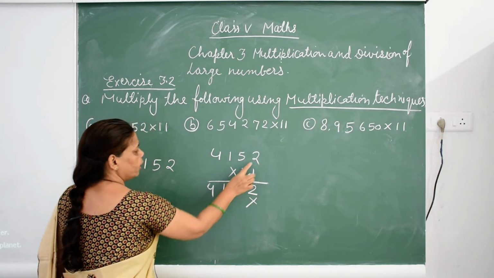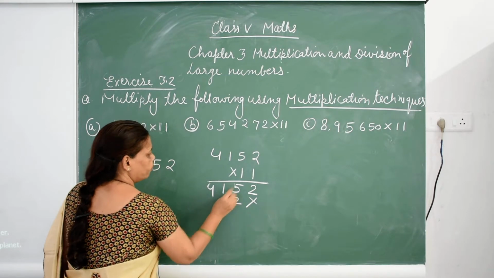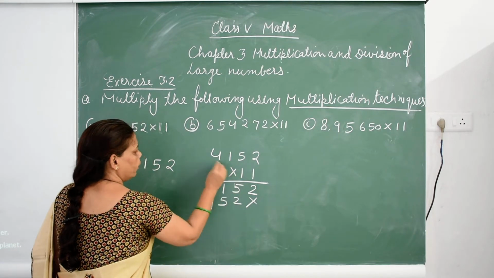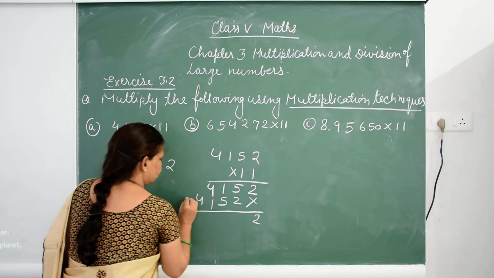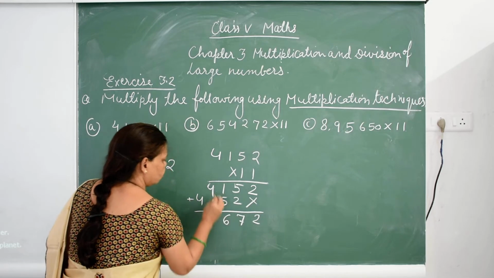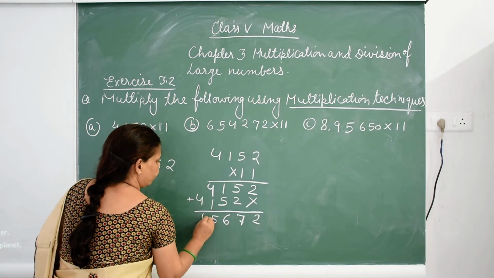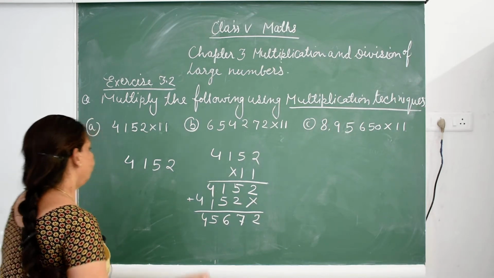Again in the tens place, 1 2s are 2, 1 5s are 5, 1 5s are 5 and 1 4s are 4. Plus it, we get 7, 6, 5 and 4. Generally you do it in this way.